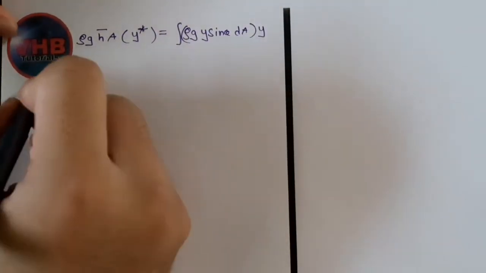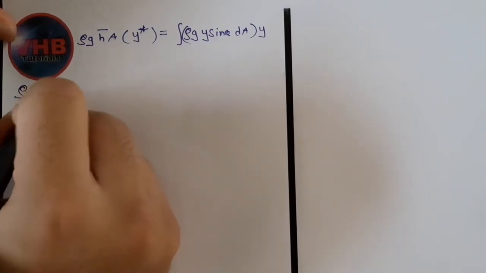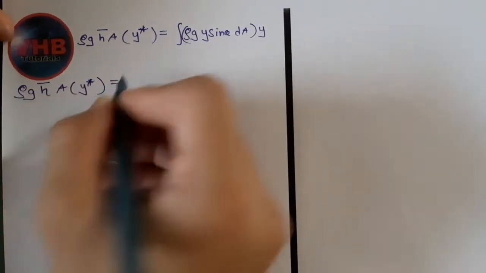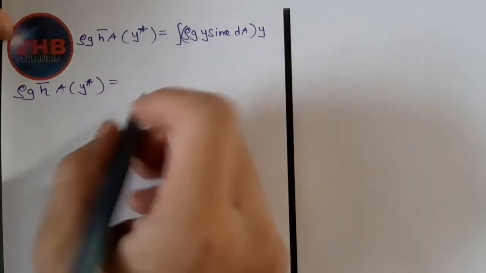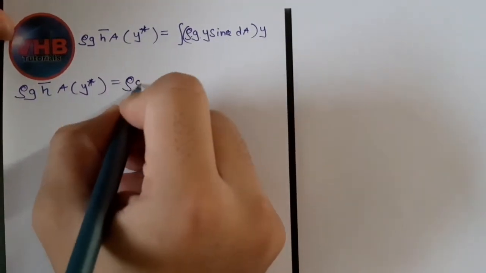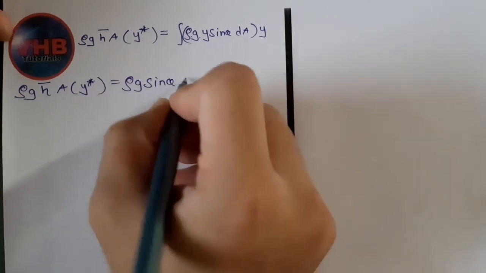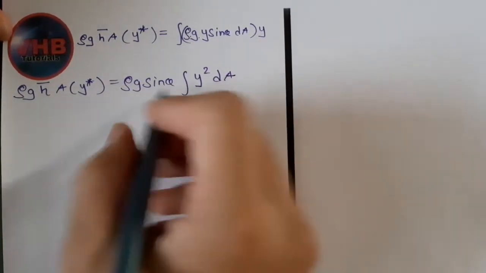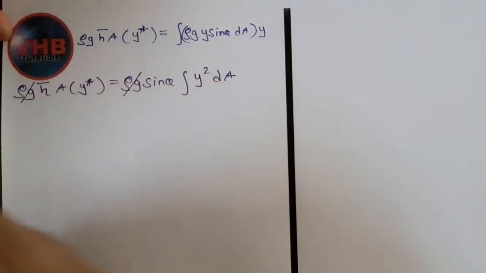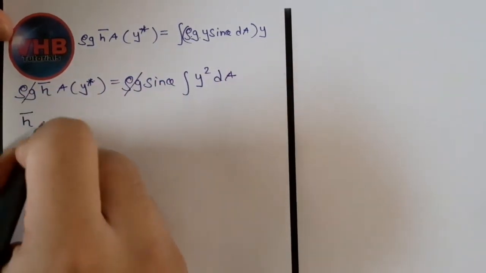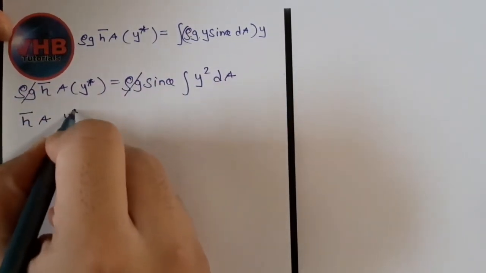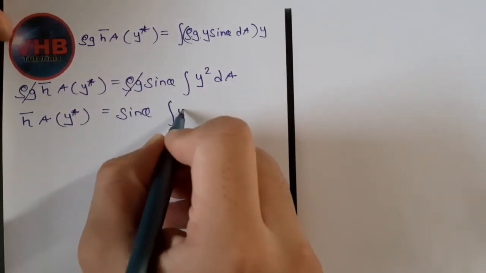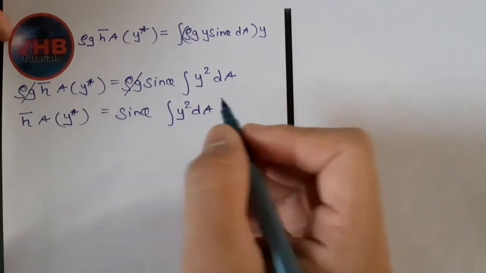Now this is rho g h bar A into y star. This is equal to, here rho g and sin theta are constant, so taking them out, rho g sin theta into the integration of y square dA. So this rho g and this rho g get cancelled, so we get h bar into A into y star equal to sin theta into the integration of y square dA.